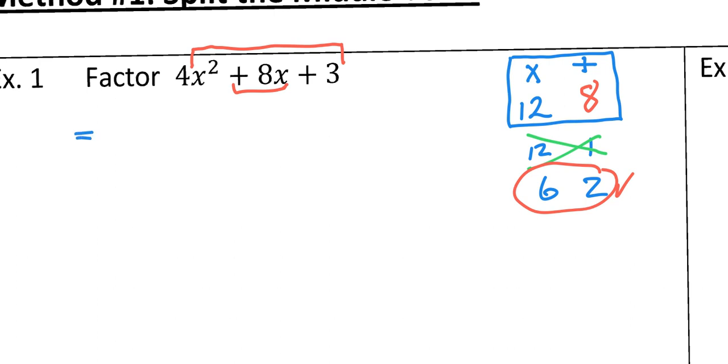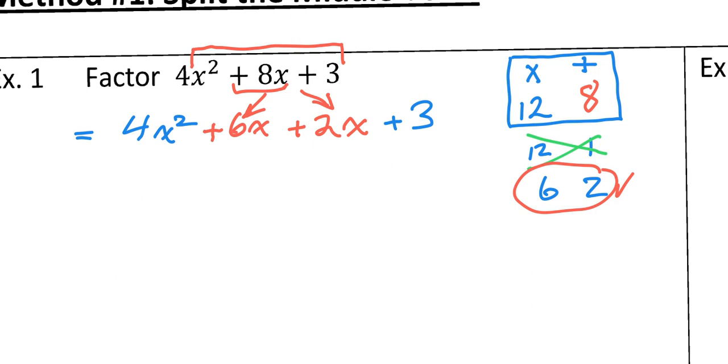We're going to use this to split the middle term. So here's our next line when we're factoring. We take 4x squared plus 8x and we write 4x squared, and then we split the middle term into plus 6x plus 2x. So this 8x turns into these two parts, and then we rewrite the end of our equation. The next thing we need to do is take the equation and split it in two.